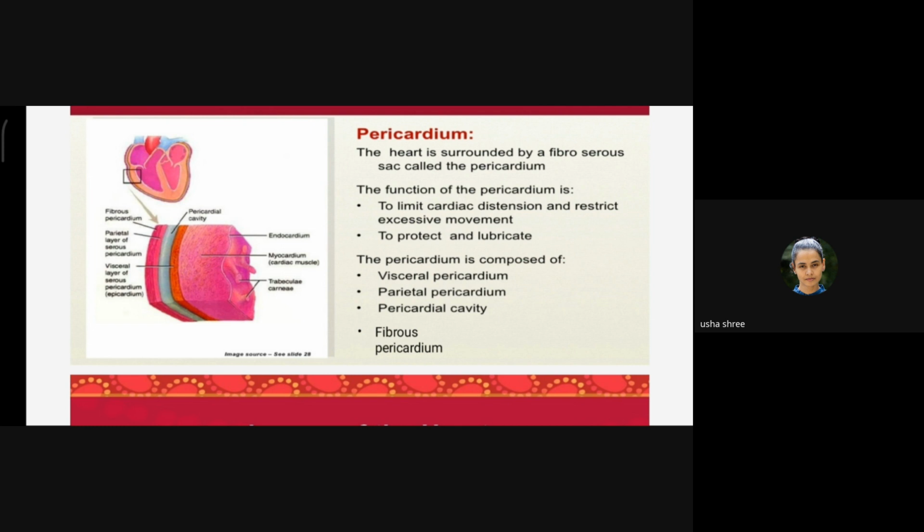Okay, so the pericardium is also divided into different parts. That is the fibrous pericardium outermost, then the parietal pericardium just behind the fibrous pericardium, and then the pericardial cavity.